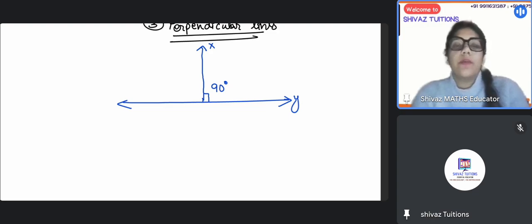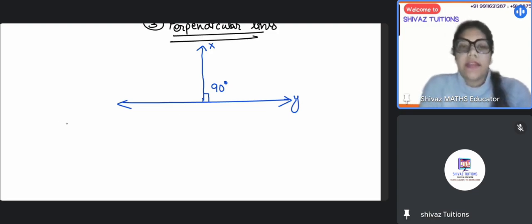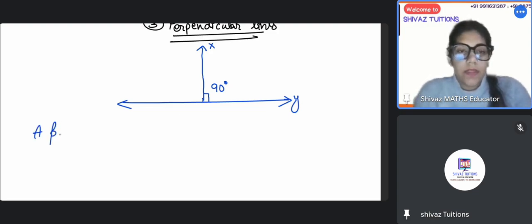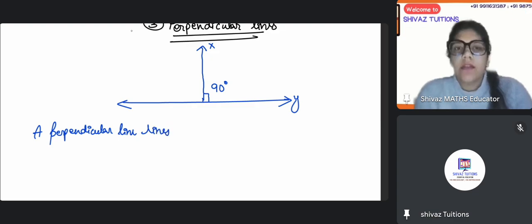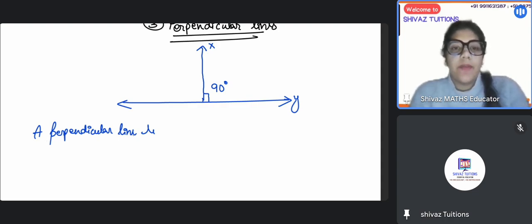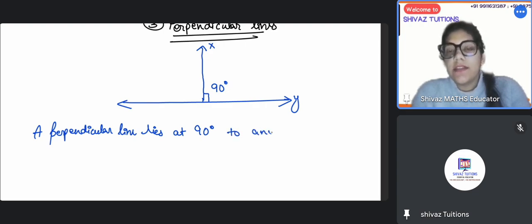Some intersecting lines are also perpendicular lines. Yes, very good, you're right. A perpendicular line lies at 90 degrees to another line. There is one more way to denote it.